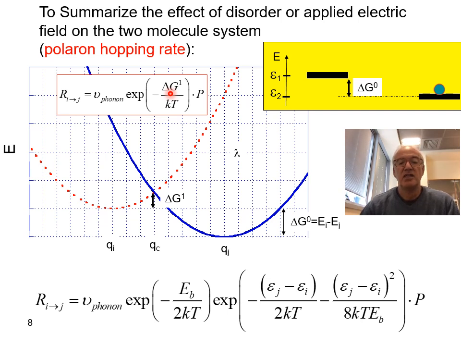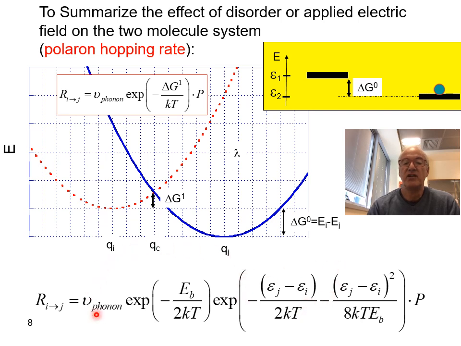And it's interesting to see that now the expression is composed of several terms. We have at first something that looks like before. The binding energy is still existing here as a pre-exponent, if you like. And then you see all this effect of disorder or external electric field goes into the second expression.